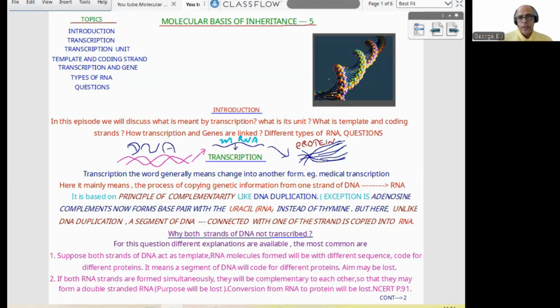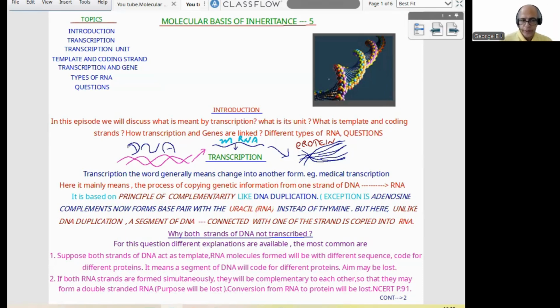Now, DNA is double stranded, RNA is single stranded. So why are both the strands of DNA not transcribed? For this, different explanations are available. The most common one, connected with the NCERT, has 2 points.